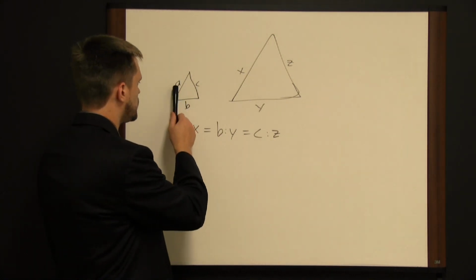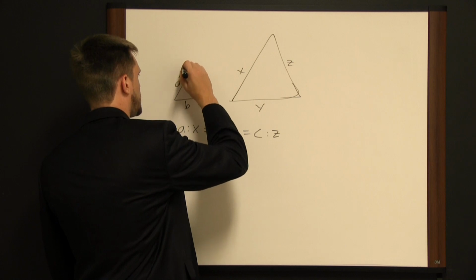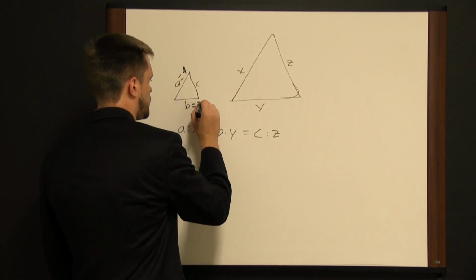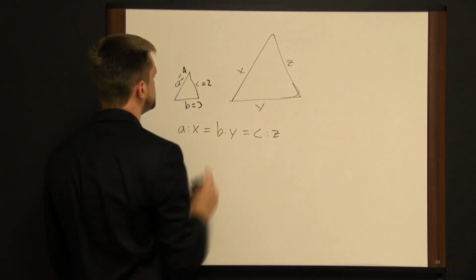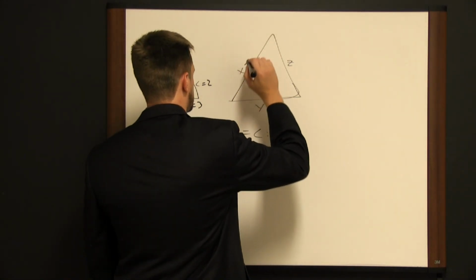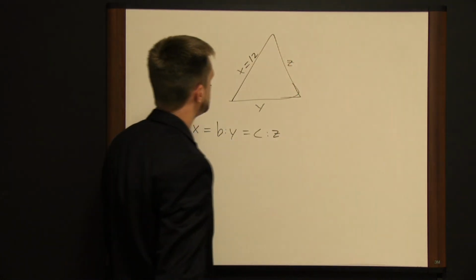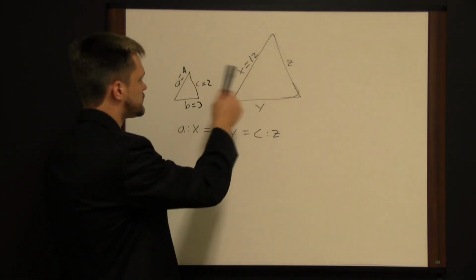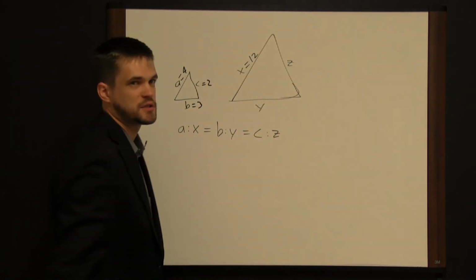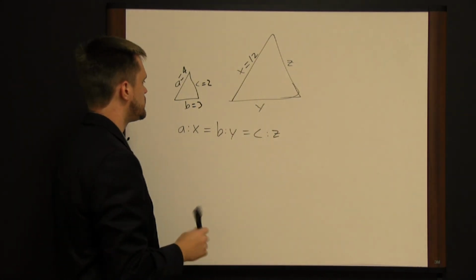And so let's say we're told that triangle ABC has sides of length 4, 3, and 2. And then we're told that side X is equal to 12. So we have these four quantities and we need to find the remaining two. We can use equivalent ratios to find their values.